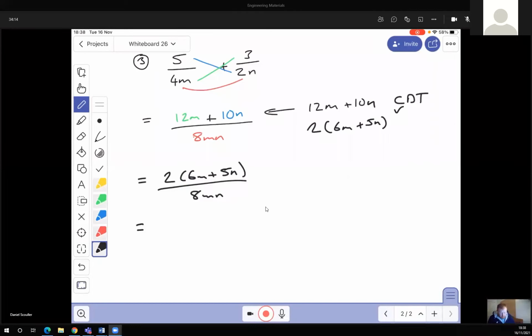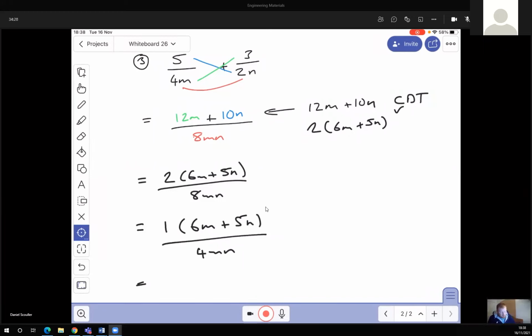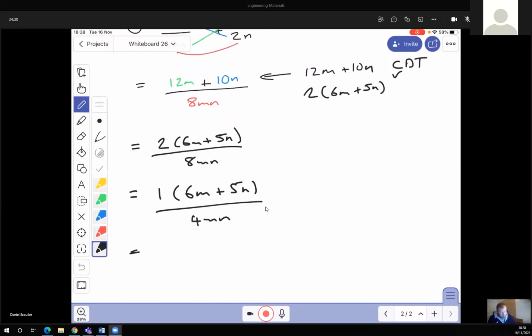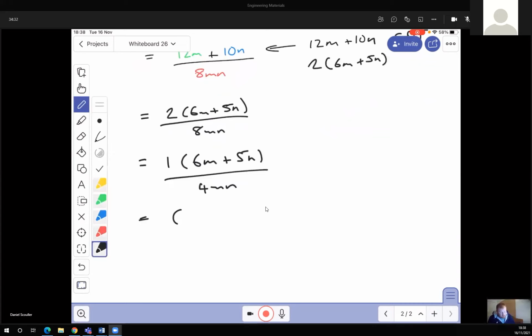So effectively we're writing that, bearing in mind in algebra we don't write that 1. So we just write that as 6m plus 5n.